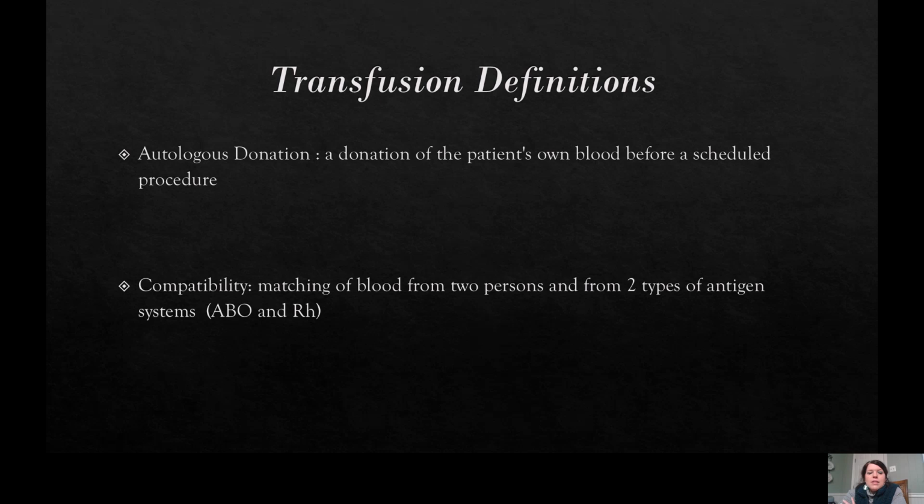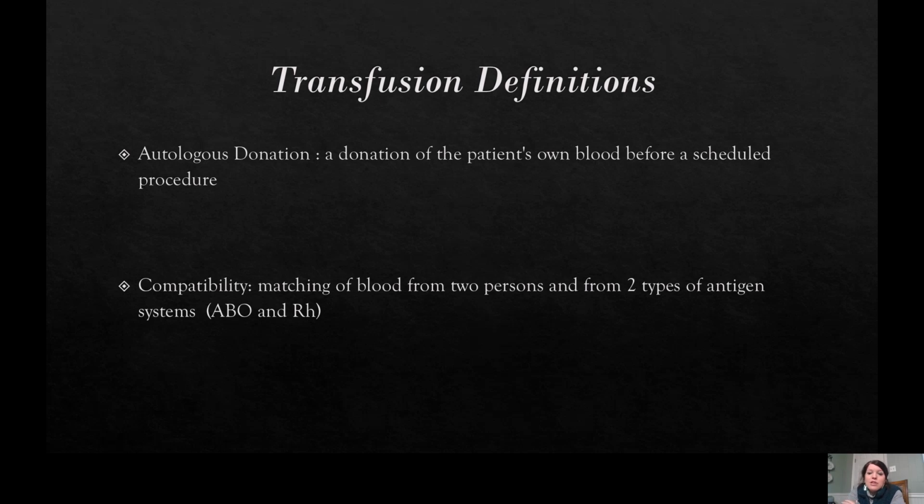So autologous donation is the donation of a patient's own blood before a scheduled procedure. So some patients are going to have reasons why they do not want to receive a blood transfusion. It could be fear. It can be related to the fact that they just religiously are against it, multiple reasons.